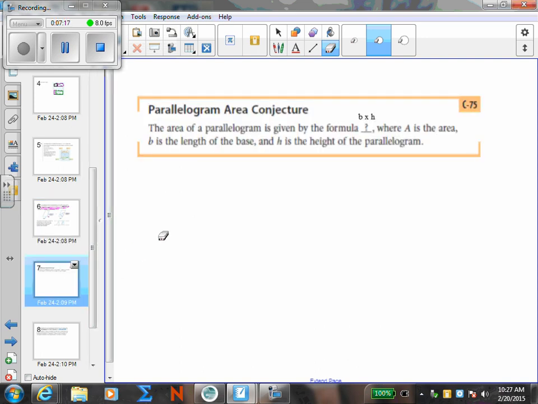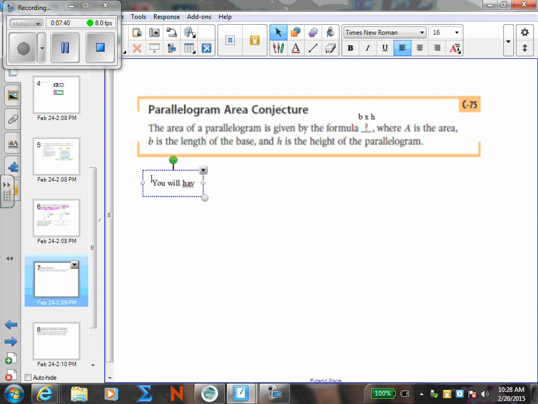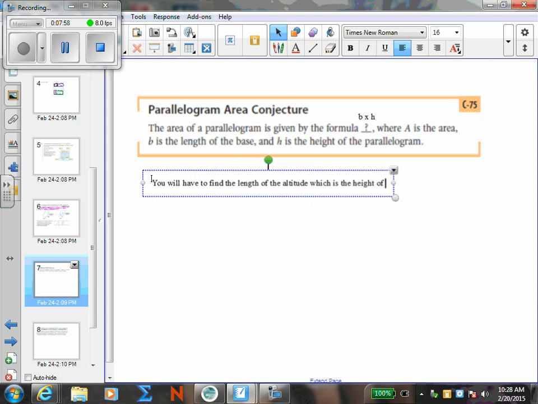So our next conjecture is the parallelogram area conjecture. The area of a parallelogram is given by the formula base times height, where A is the area, B is the length of the base, and H is the height of the parallelogram. I would make yourself a note. You will have to find the length of the altitude, which is the height of the parallelogram.